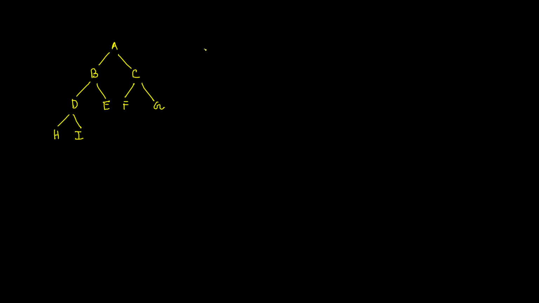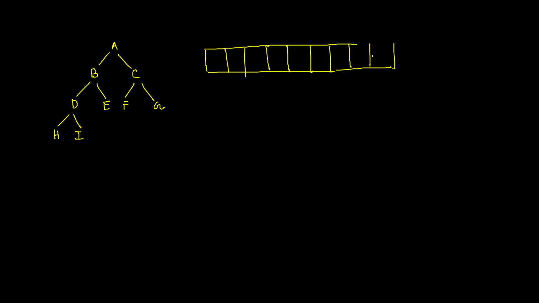So the array must have at least 9 locations. If we start from 0, the indices are 0, 1, 2, 3, 4, 5, 6, 7, 8. So the array starts from 0.